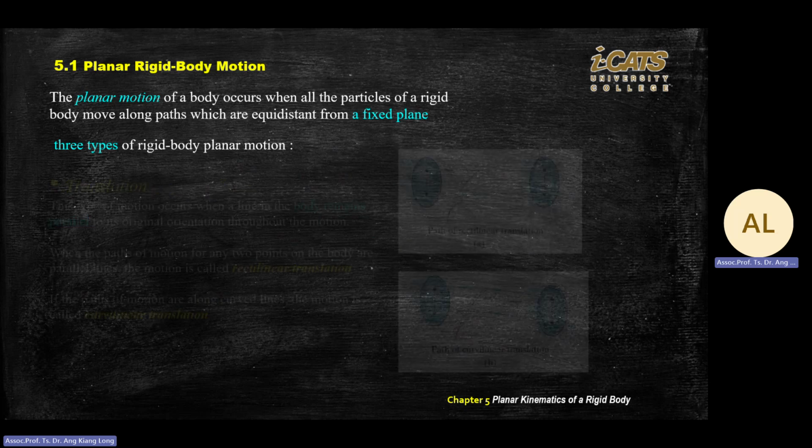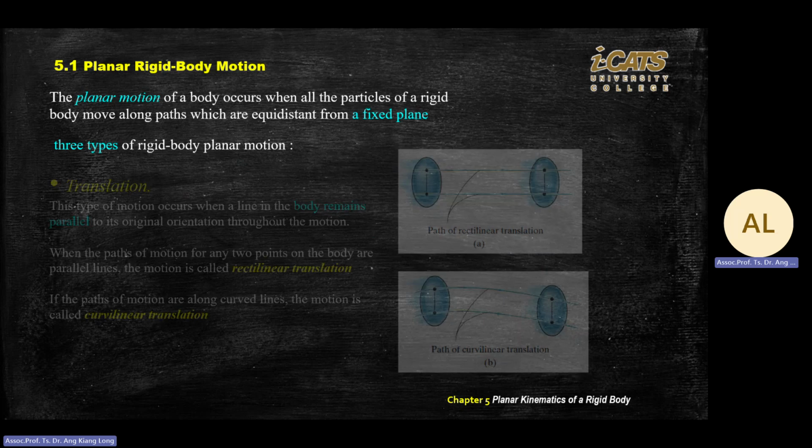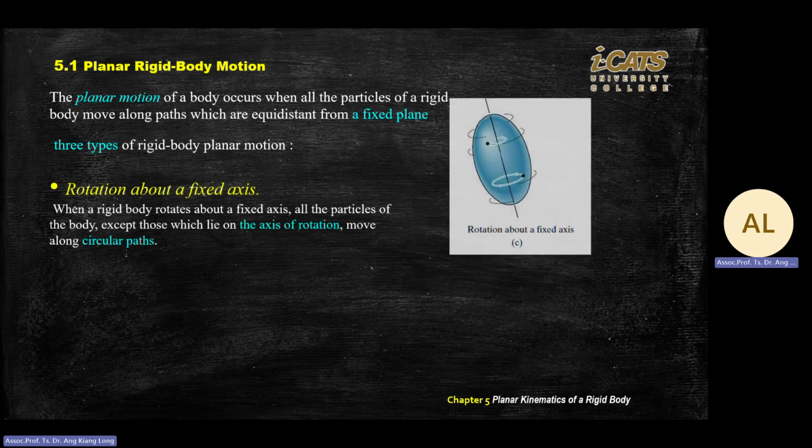The first one is translation. The second planar motion is called rotation. Rotation on a fixed axis, like what you see in diagram C. There is a fixed axis that it rotates about. It's called rotation on a fixed axis. Usually this will rotate about the z-axis. If you learn 3D modeling, this is the revolve function.